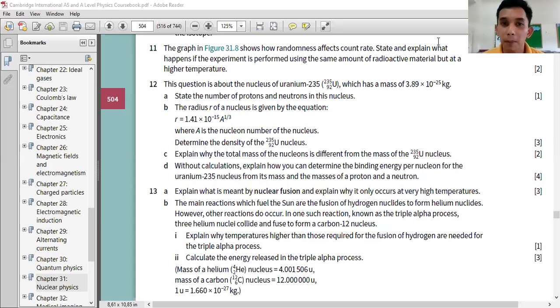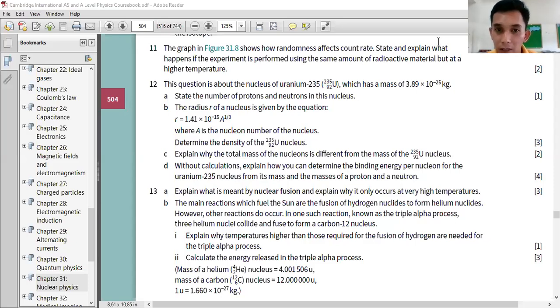This question is about the nucleus of uranium-235, which has a mass of 3.89 times 10 to the power of negative 25 kilograms. State the number of protons and neutrons in the nucleus. If they give you that the radius of the nucleus is 1.41 times 10 to the power of negative 15 A to the power of 1 over 3, where A is the nucleon number of the nucleus, determine the density of the nucleus.